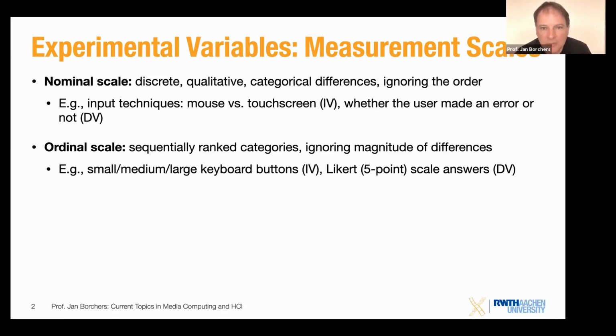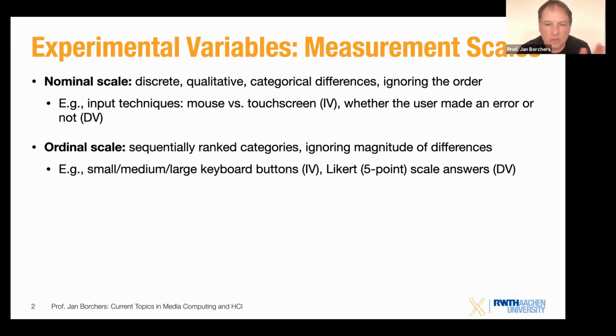A very common one is on the side of dependent variables. You might remember this from DIS1, the famous Likert scale. Likert scales are scales that you often use in questionnaires when you want an answer from the person that you can subject to some kind of statistical analysis.